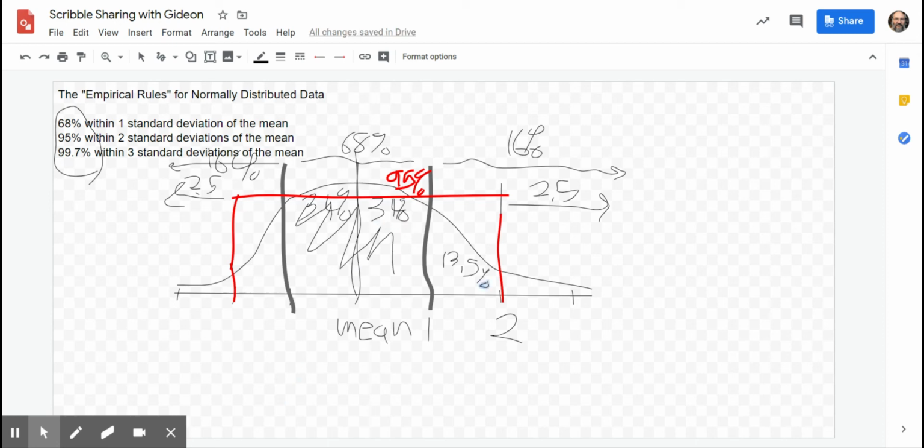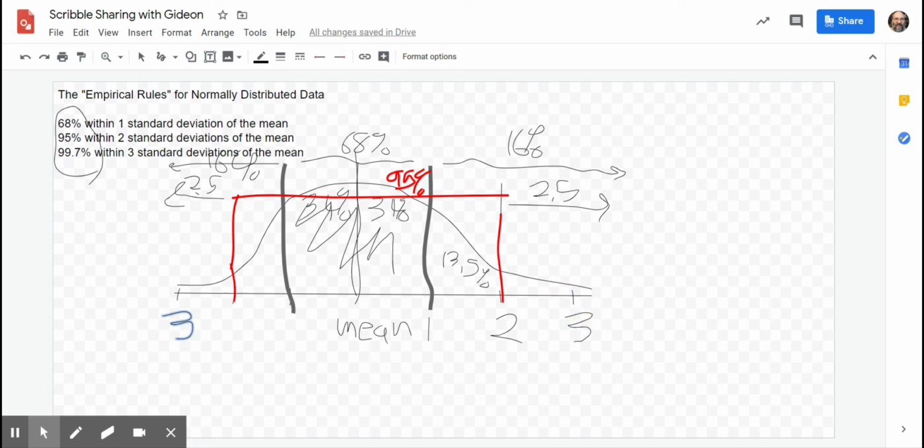And the 99.7, same deal. Something far away is allowed to be asked about, and that's 3 full standard deviations. That's 99.7%.